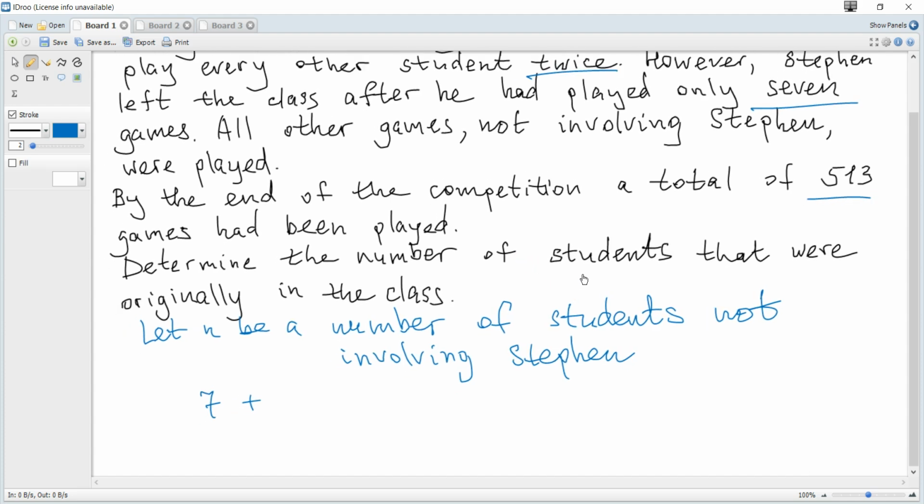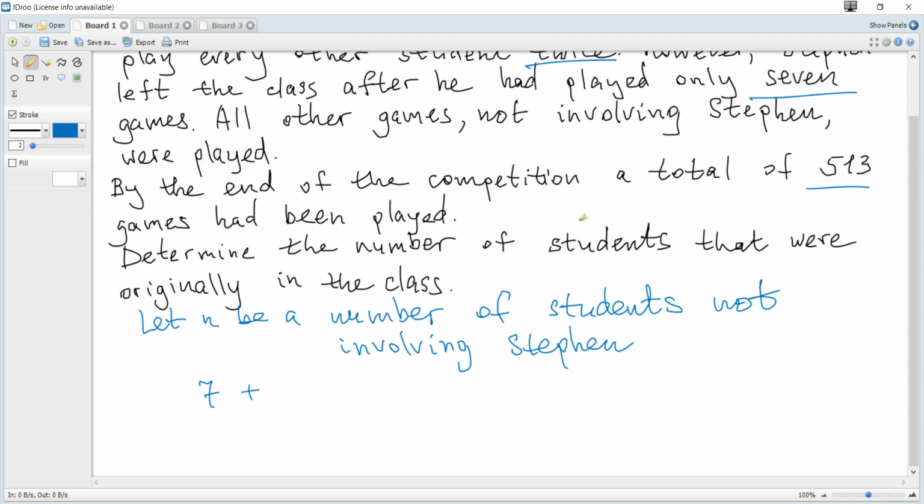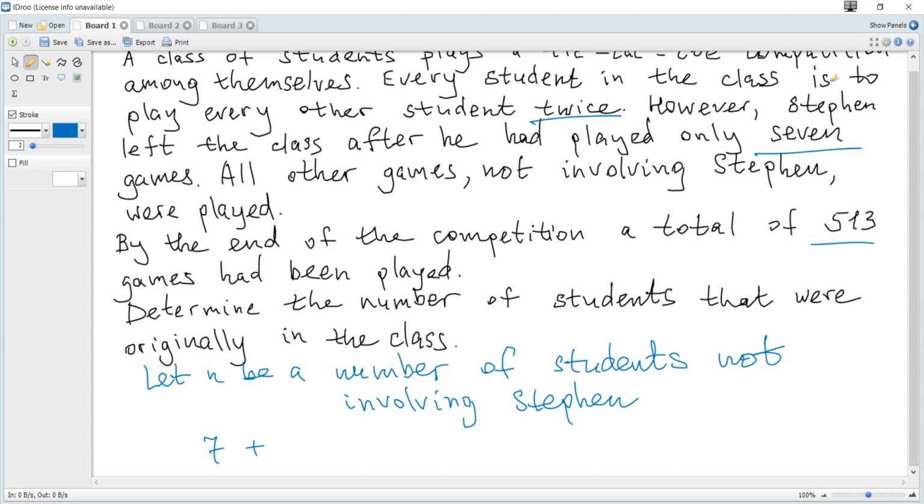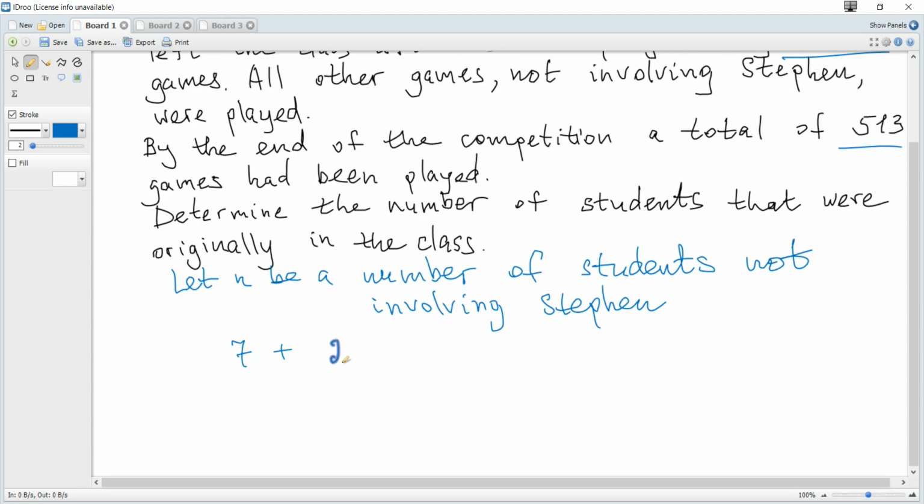And for each game we need to choose 2 students, and the order doesn't matter here. It doesn't matter which student is number 1 and which is number 2. So it's a number of combinations, not permutations. And every student is to play every other student twice, so it becomes 2 times.